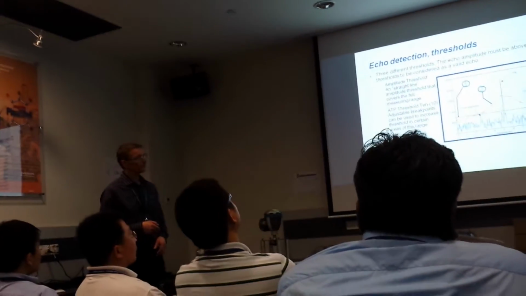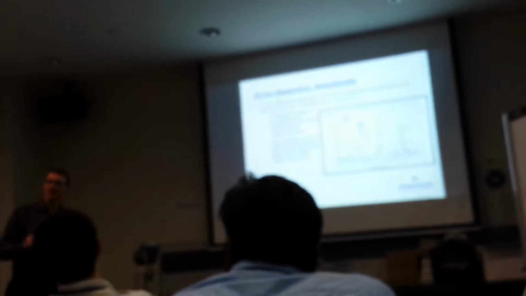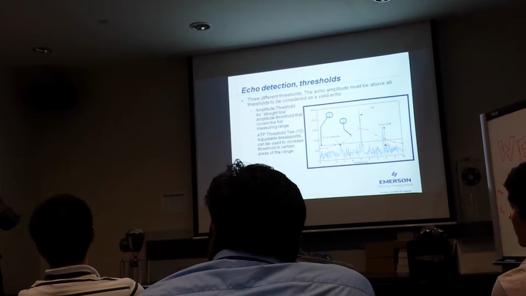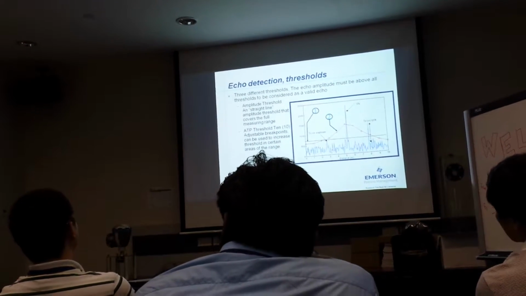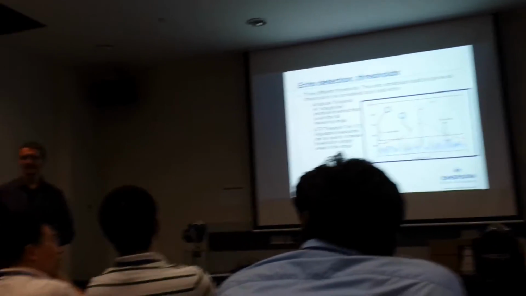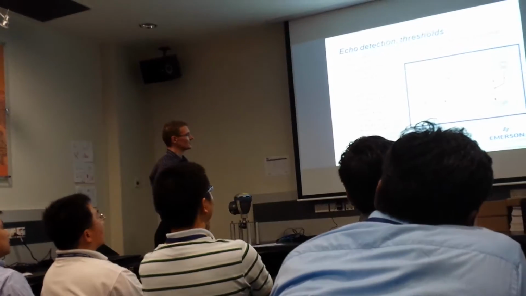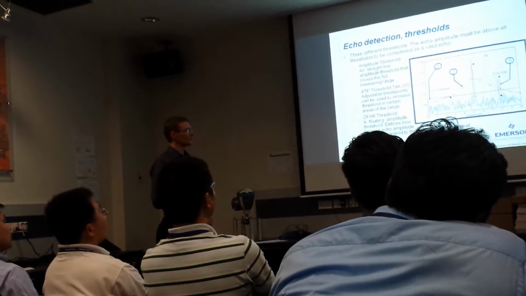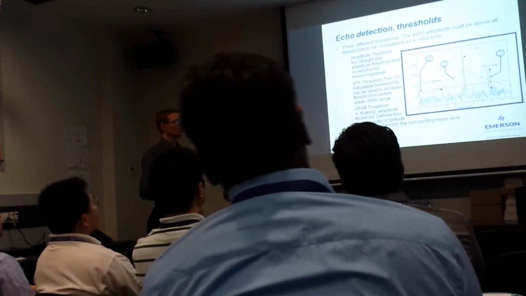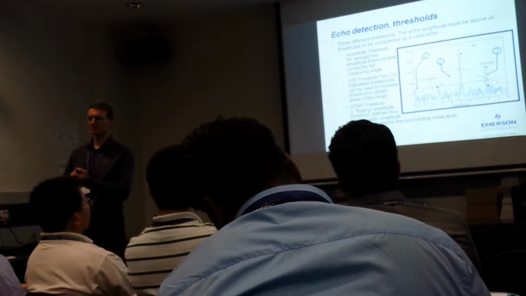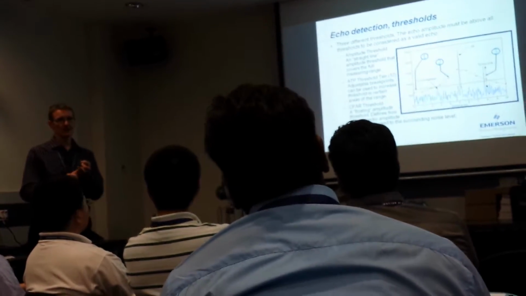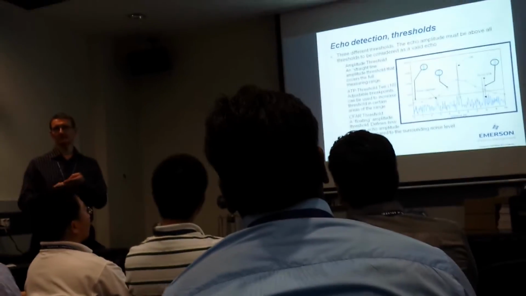Then we have another thing which you cannot see or touch. It's there, like an invisible function. And this is what we call a CFAR threshold, a kind of floating amplitude. CFAR means constant false alarm rate.